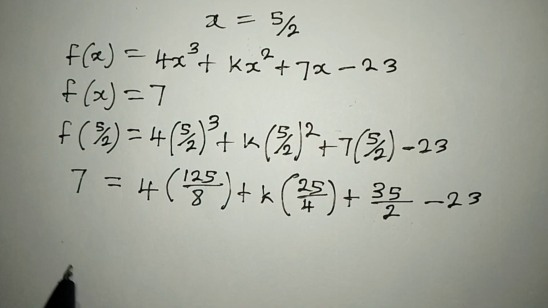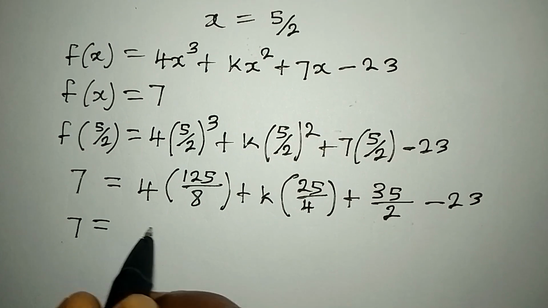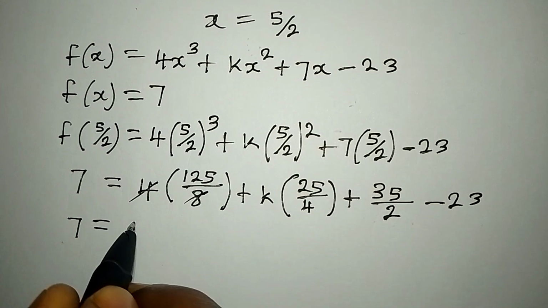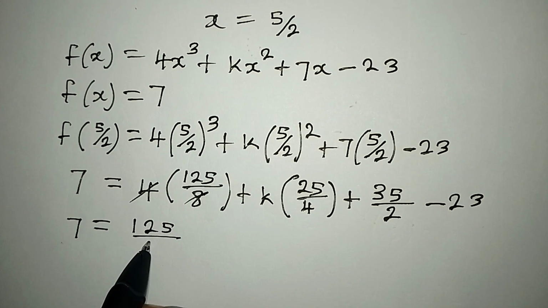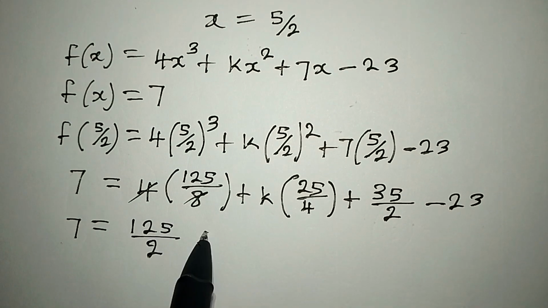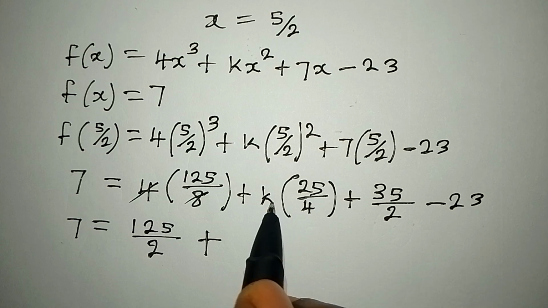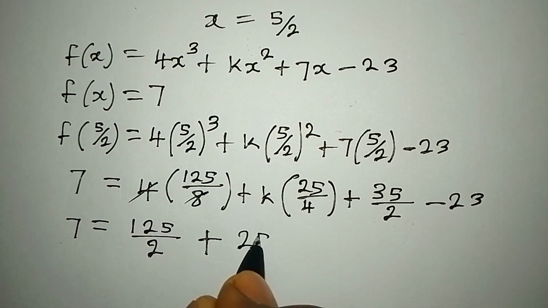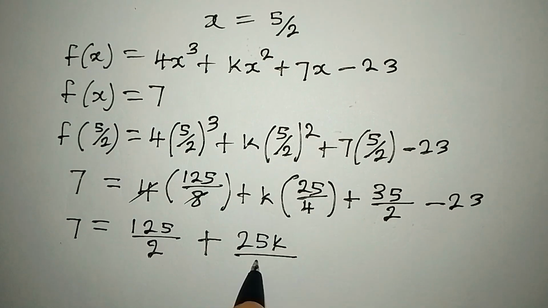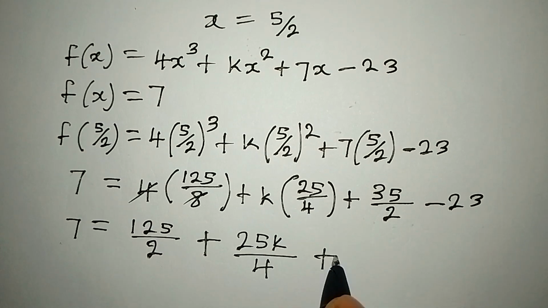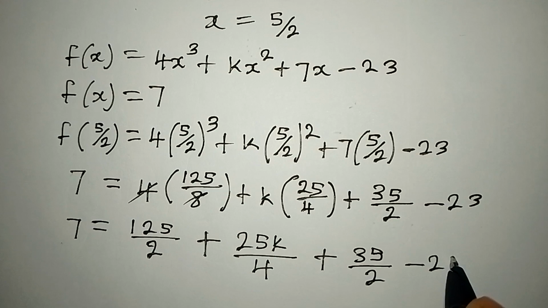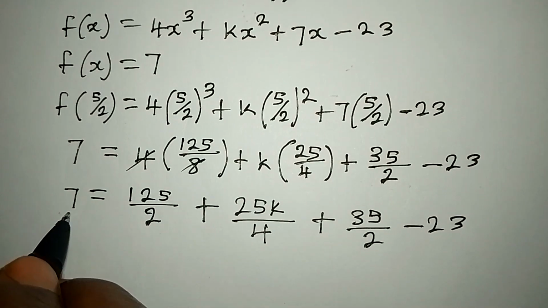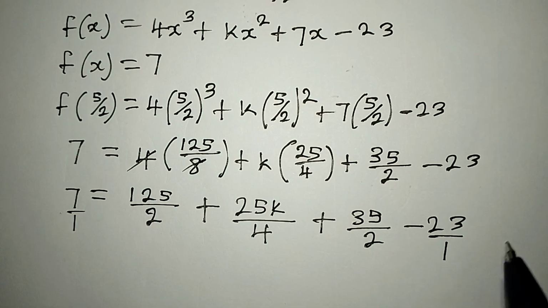Let me take a step further so that we have 7 to be equal to 4 will go here 2 times, and we have 125 over 8 over 4 now, right? Okay, so over 2, because 4 can go into 8 2 times. Then plus k times 25 is 25k, and this is over 4. Then plus 35, this is over 2 minus 23. Now this could be over 1, and this is also over 1.